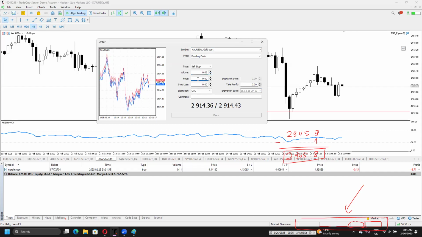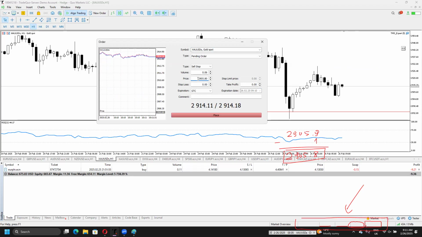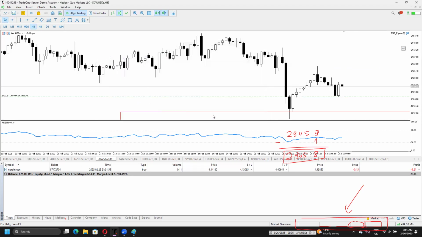And to be in a full hedge, you have to set up the same buy volume and the same volume for sell stop. And put the price, which is 2905.8, and click place. And as you can see, we have already set up the security order.